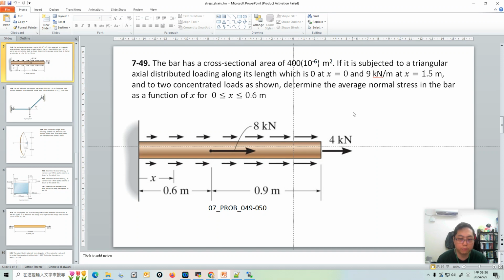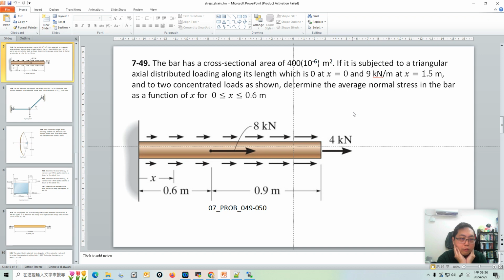Let us see the problem description. It's actually a very simple problem. The bar has a cross-section area, and we apply a distributed load along its length.